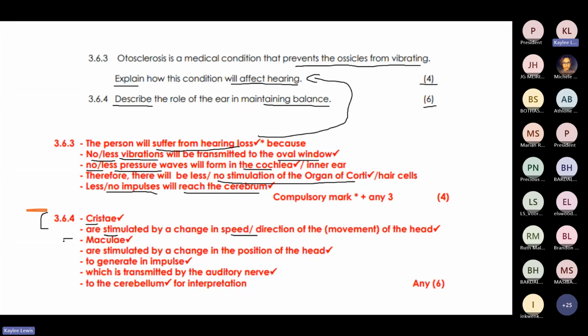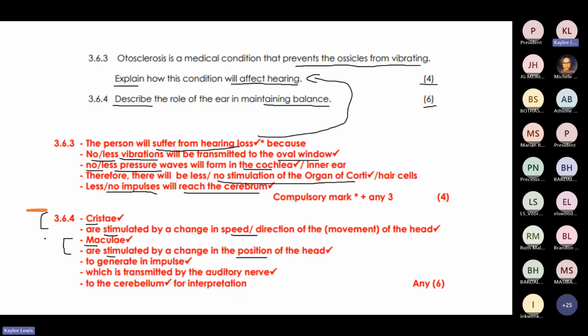Let's go to the second part. The macula, which is found in your utriculus and sacculus, will be stimulated by a change in the position of the head. So we've got our acids here, we've got our sump here. Remember the way to remember it. So that's going to get you 4 marks by talking about the receptor and what stimulates them.